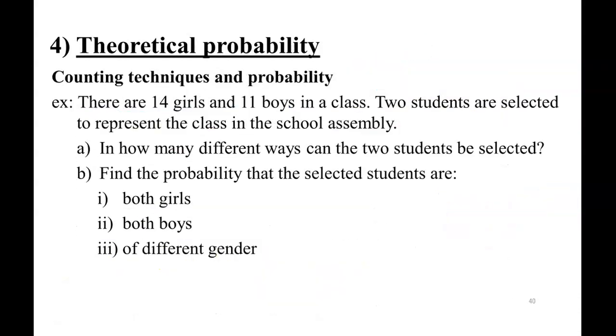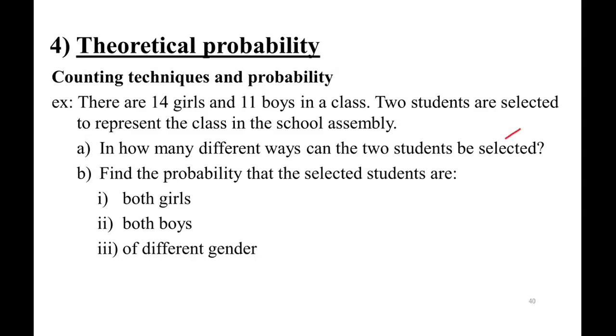If you look at this example here, which uses some counting techniques for finding probabilities. Now, we have 14 girls and 11 boys in a class. 2 students are selected to represent the class in the school assembly. In how many different ways can the 2 students be selected? So over here, in part A, we're looking for all the possible groups of 2 students that we can choose.